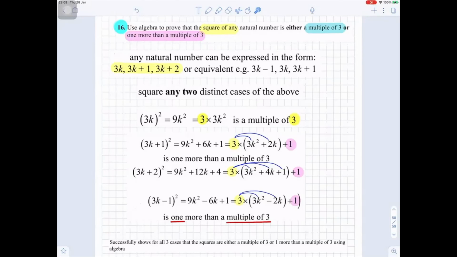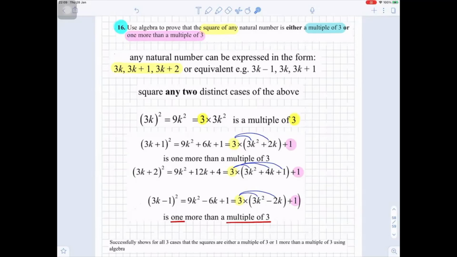Now, if you use 3k minus 1 squared and write it twice and multiply it out, 3k minus 1 times 3k minus 1, we will get 9k squared minus 6k plus 1. 9k squared is the same as 3 times 3k squared, and 3 times minus 2k is minus 6k, plus the 1 is 1 more than a multiple of 3.